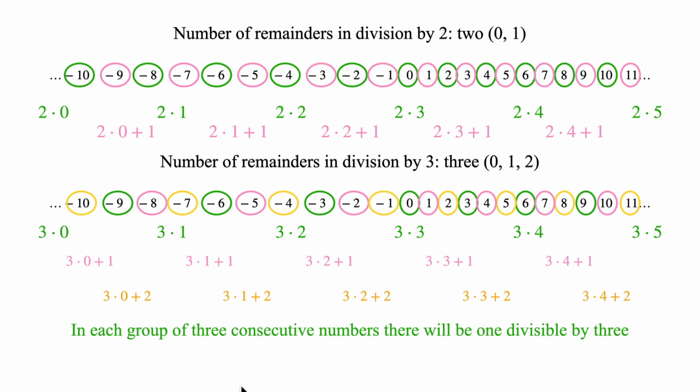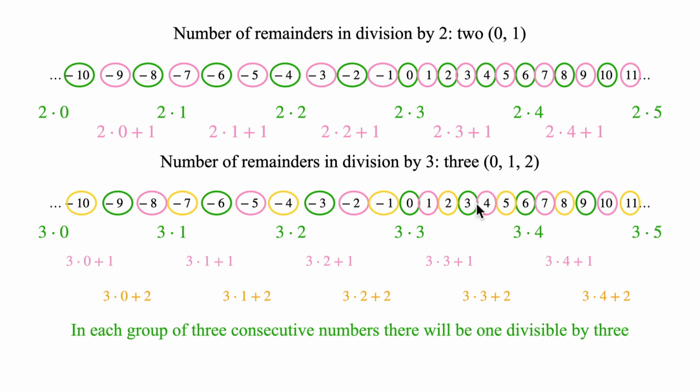And what is important for us now is that every second number is divisible by 2, every third is divisible by 3, and so what you also see in this picture, in each group of 3 consecutive numbers, which means that 3 numbers which follow directly after each other in the set of integer numbers, there will be 1 divisible by 3.